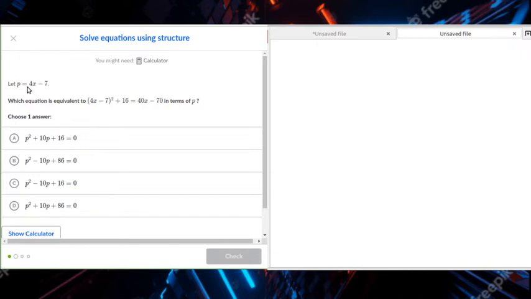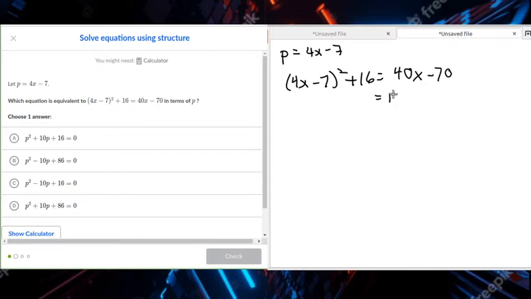So let's solve this equation using structure. It says let p be equal to 4x minus 7, so they're giving it to us. And then we can see over here 4x minus 7 squared plus 16 is equal to 40x minus 70. And I can see this is 10 times 4x minus 7.